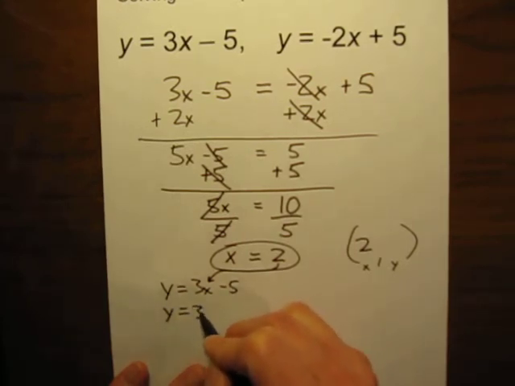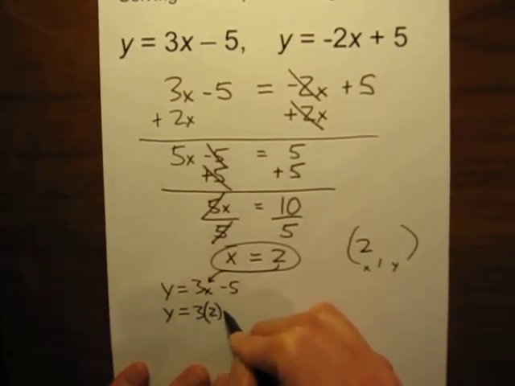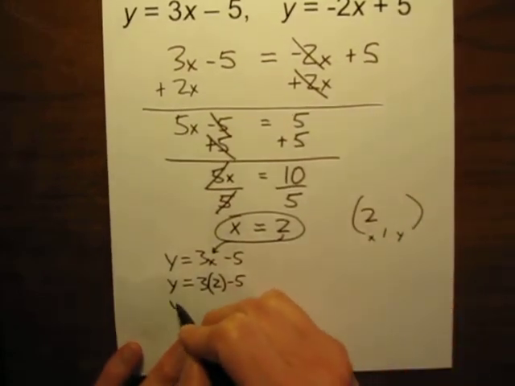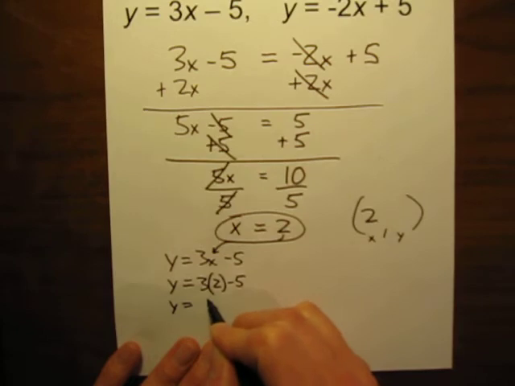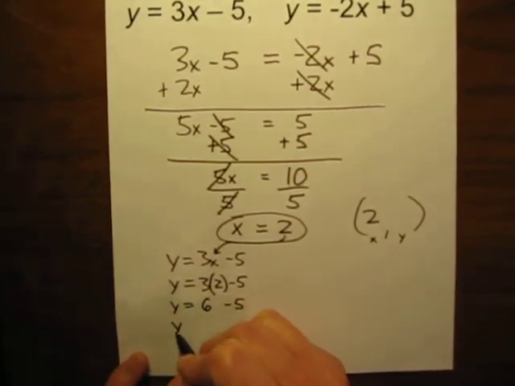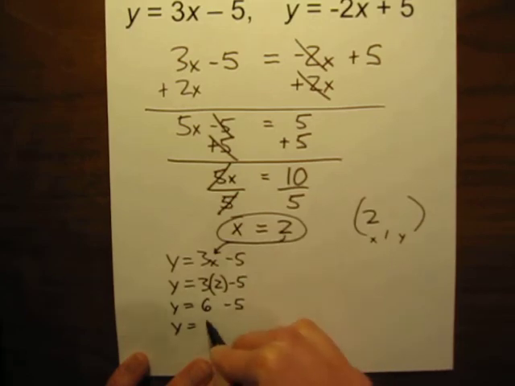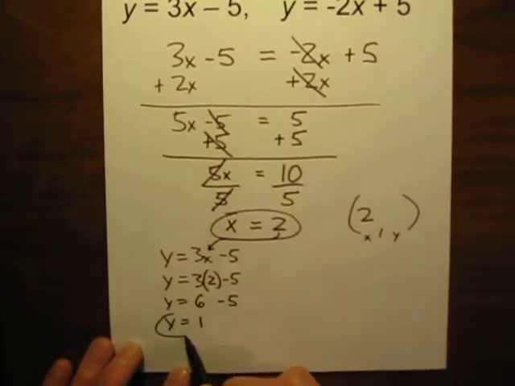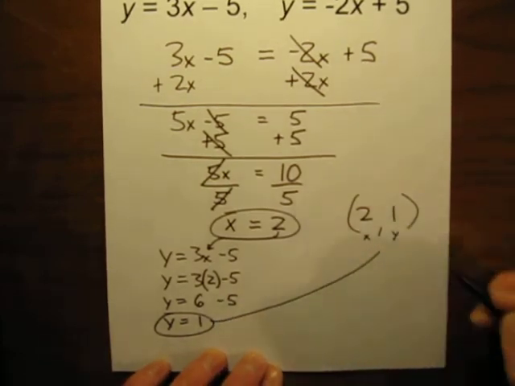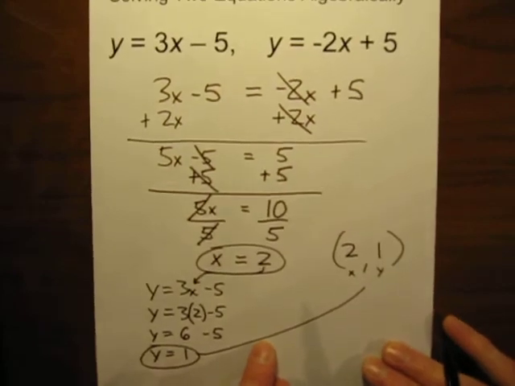So y is equal to 3 times 2 minus 5, or y is equal to 6 minus 5, and of course 6 minus 5 is equal to 1. So we know when x equals 2, y has to equal 1. Let's put that right up here, and now we have our answer.